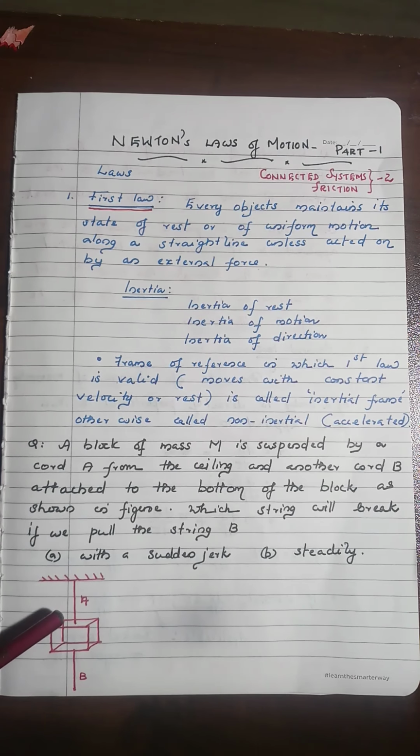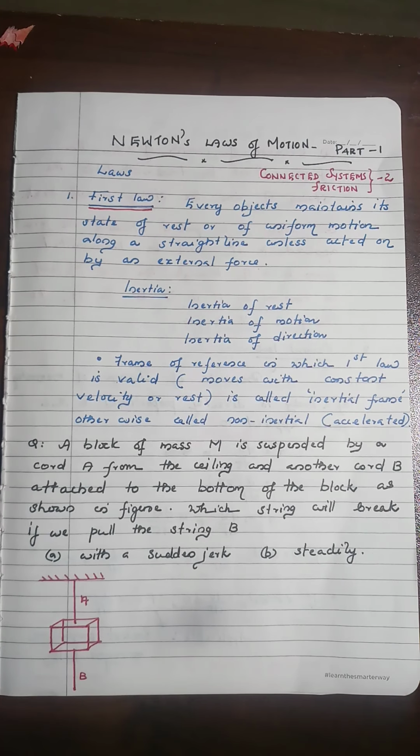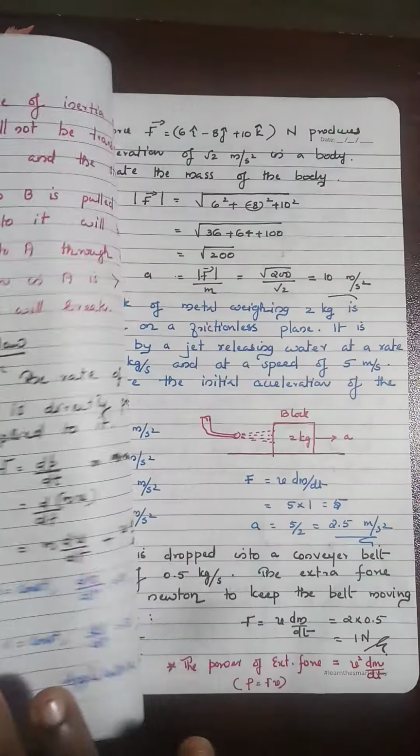Look at the figure. The block is connected to the ceiling with the string A, and we pull with the string B. This question we can solve only when you know the concept of inertia. Look at the answer.